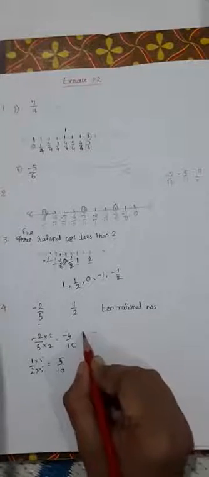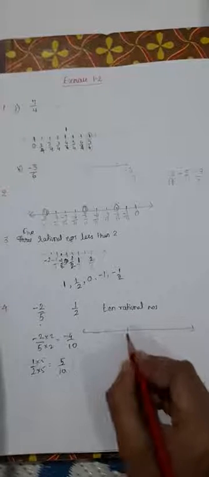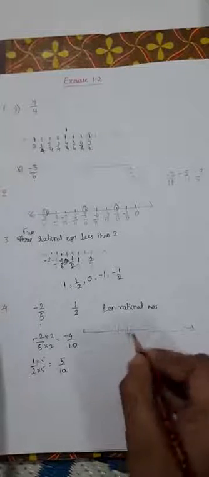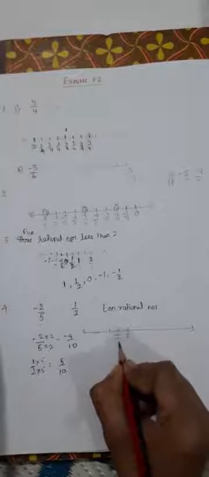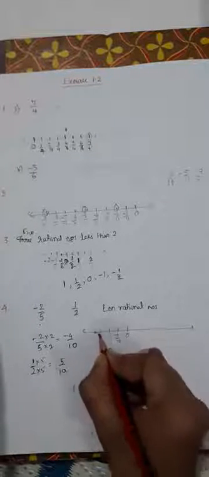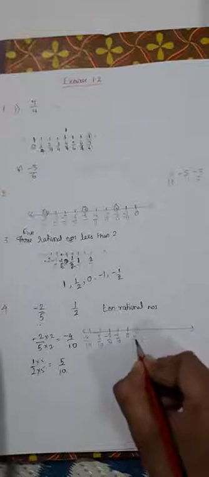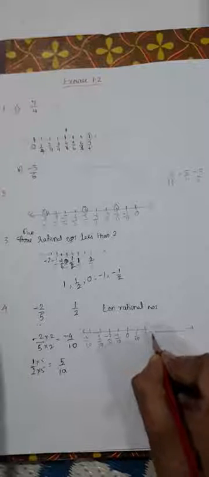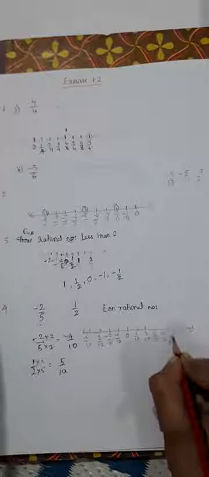Just observe the number line. 0, 1 by 10, minus 1 by 10, minus 2 by 10, minus 3 by 10, minus 4 by 10. Here 1 by 10, 2 by 10, 3 by 10, 4 by 10 and 5 by 10.